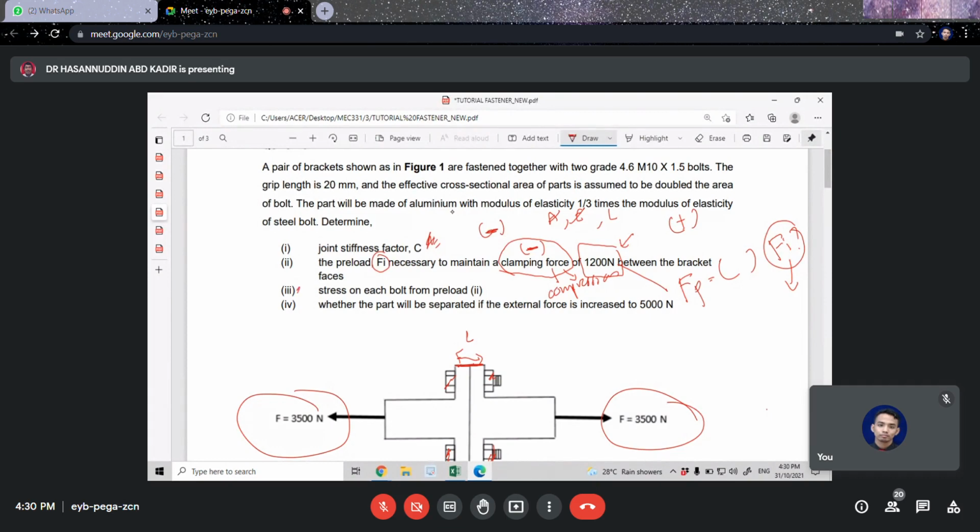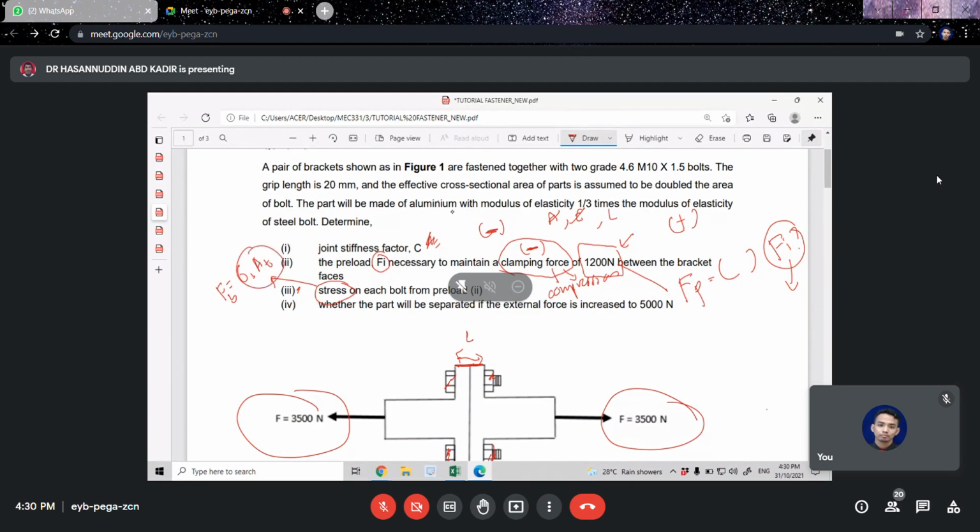Then number 3 here: stress on each bolt from the preload. So normally when you have the stress here, please remember that the force for the bolt is equal to sigma bolt multiplied by At. This one kita boleh dapat lah daripada sini.